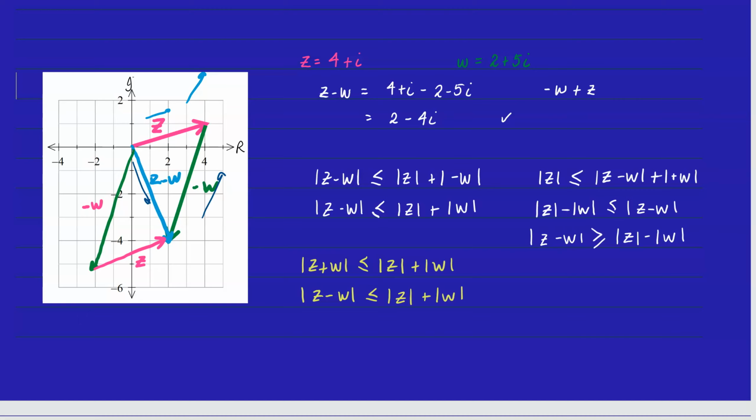And our last one, which is quite useful also, is that the length of the difference is going to be greater than or equal to the length of z minus the length of w. We could do that the other way around and say w take z, and if w was the longer length, we'd be looking at a negative length, so we would technically have the modulus of all of that, because we're just taking the positive sign.